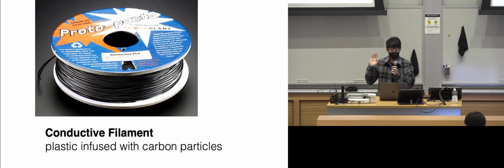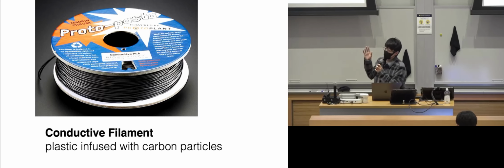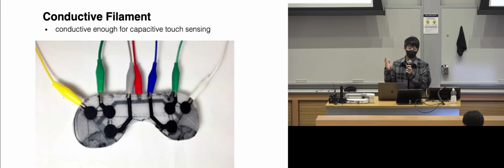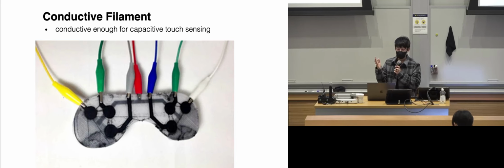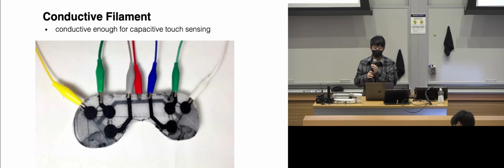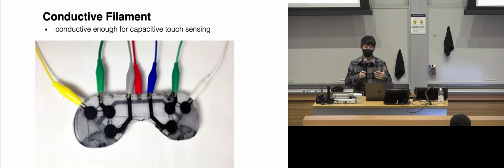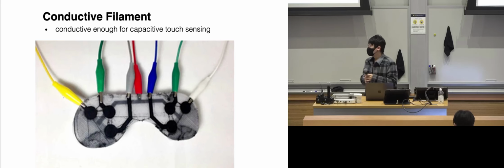So very easy to print, usually works, but often the conductivity of this type of filament is not that great. It's conductive enough to light up an LED or to be used as capacitive touch sensing.